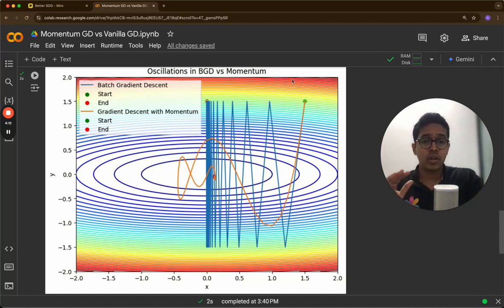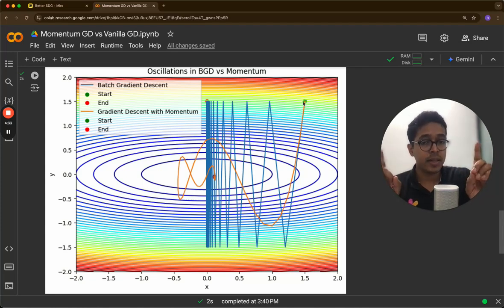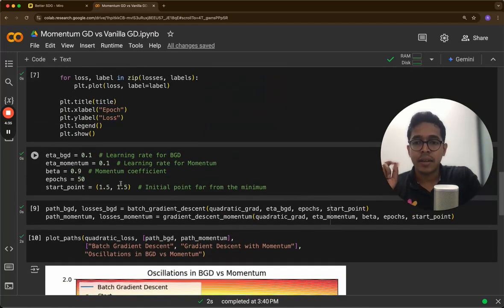And why is that so? Because in this case, as I showed you in the example, it is possible for the momentum to shift instantly, as if the ball is being hit by an impact. So we are starting from a starting point. The starting point was x equal to 1.5, y equal to 1.5. Remember that we had defined it over here.